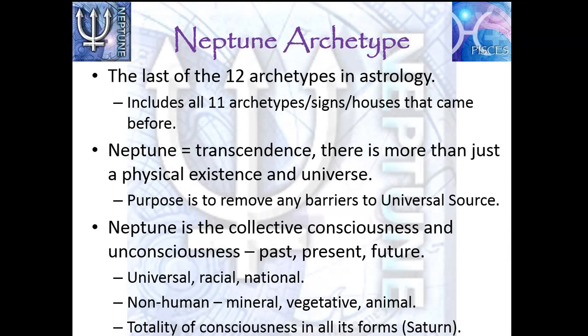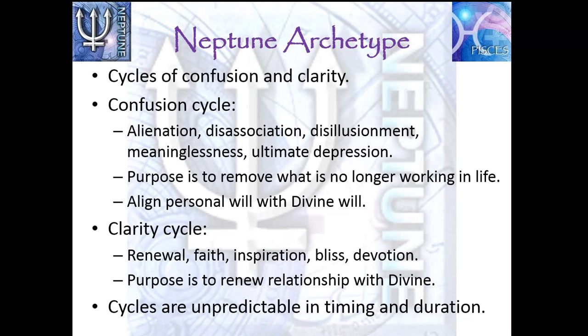Now, how Neptune wants to typically work is through cycles of confusion and clarity. And this is Neptune in Pisces as well. These cycles are unpredictable in their timing, and they are unpredictable in their duration.